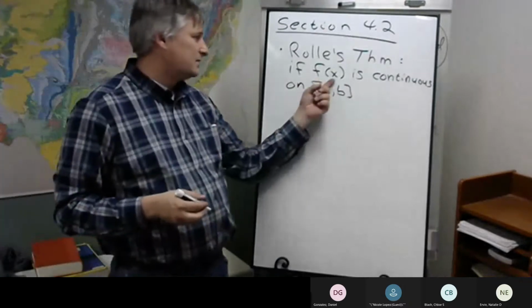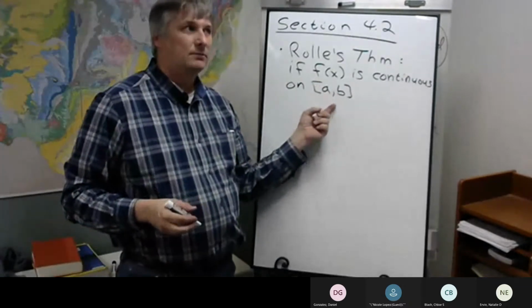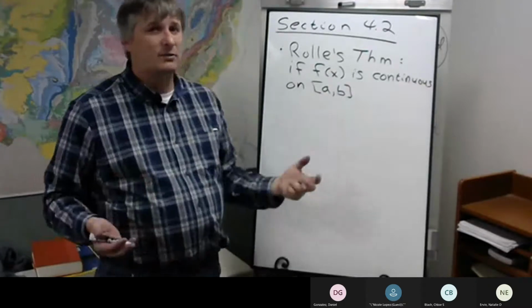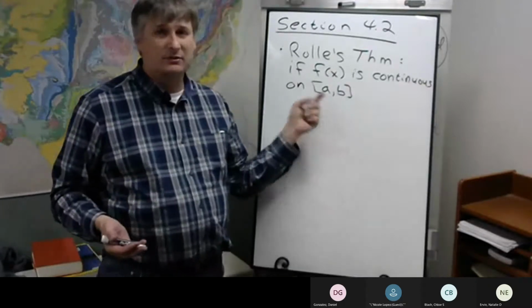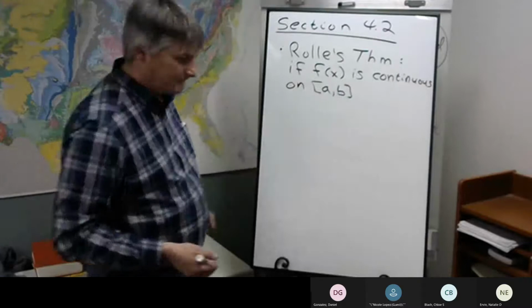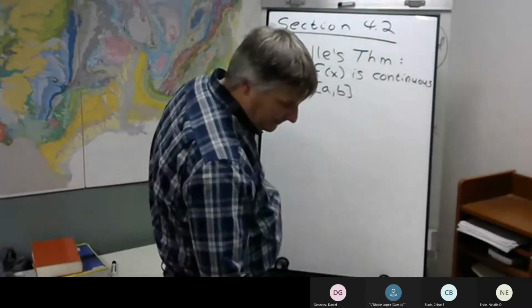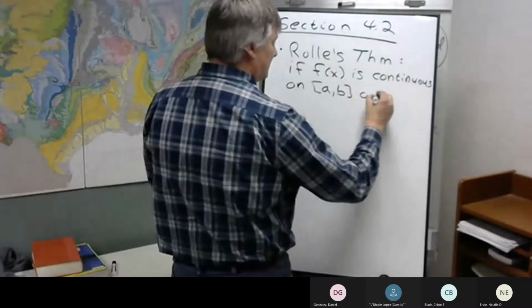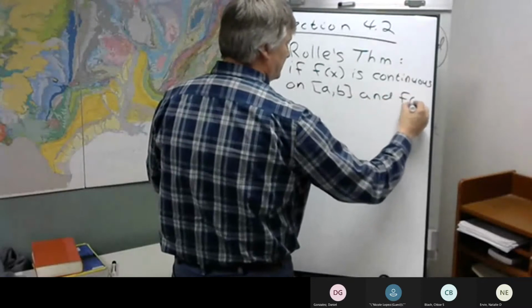So if it's continuous on a closed interval, according to our extreme value theorem, we're going to have a maximum and a minimum for f of x on this interval. So f of x is continuous on [a, b].